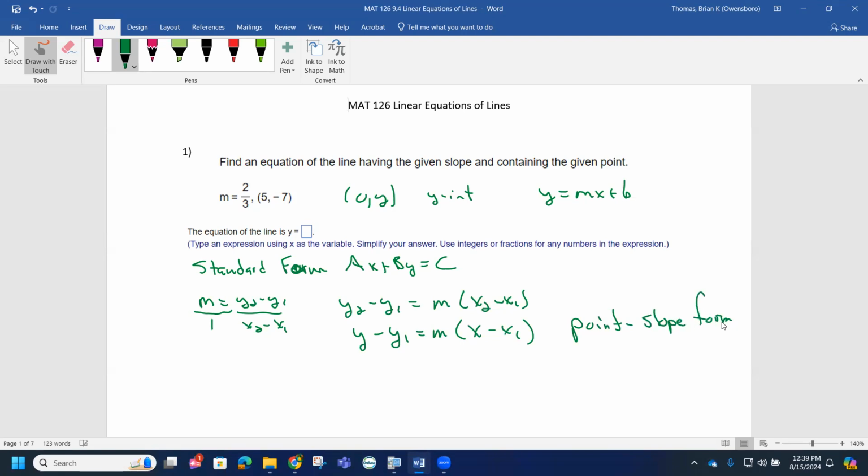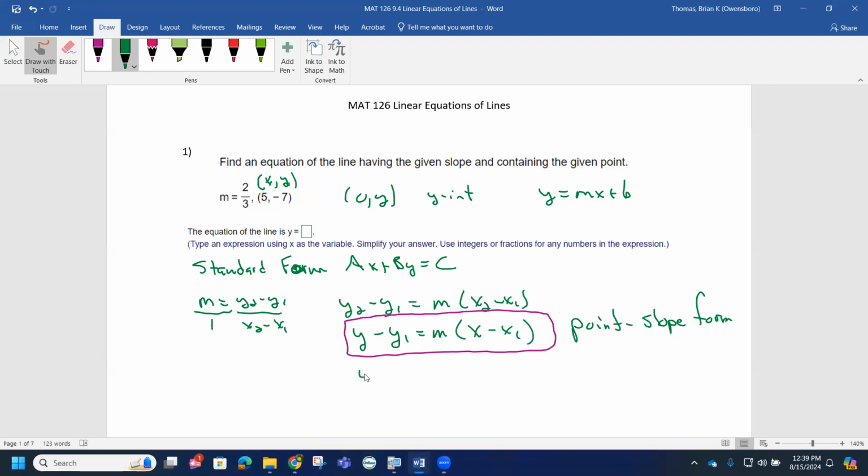Notice how with a little bit of algebra thinking, I can create a formula that can be used to work this problem because we were given a point and a slope. This point is considered x1, y1, so I can substitute this information into the formula, and that'll create an equation of a line.